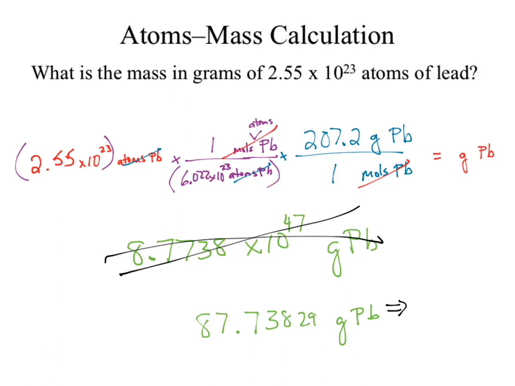What you will see is 8.77 times 10 to the 47 or 87.7 grams of lead. You saw that number and started getting confused again. Make sense?